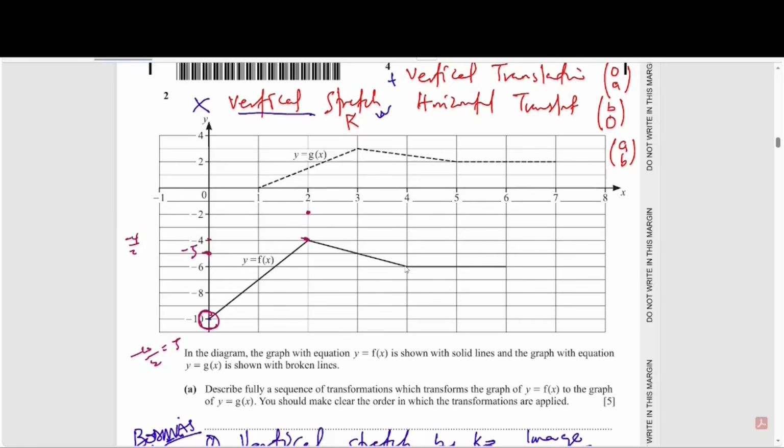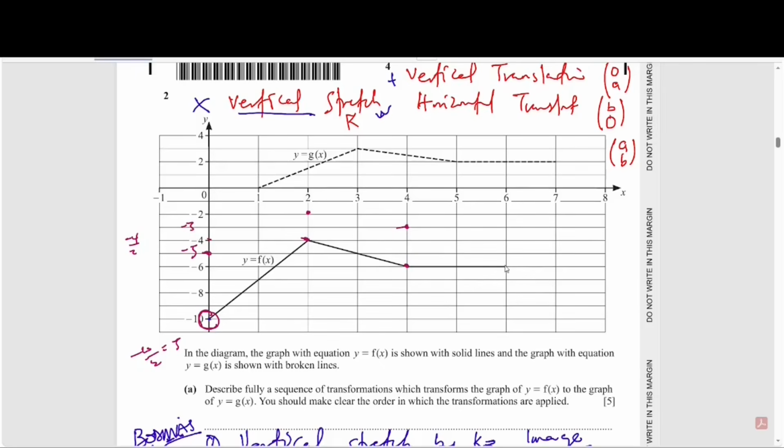Then we also identify this part as well. The y coordinate here is negative 6, and by half we get negative 3. So this part moves to negative 3. Remember, even though it is moving, that is still not a translation, it's a stretch. Negative 3 is here.